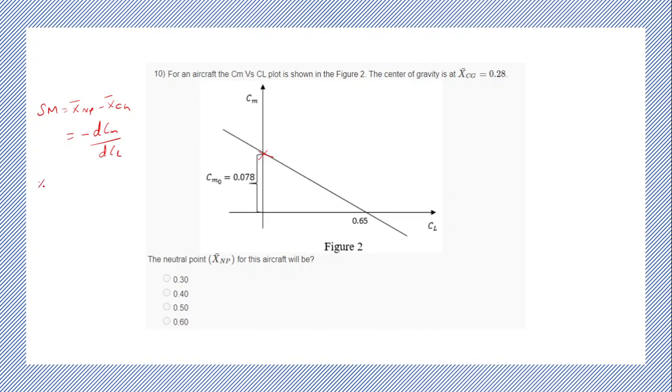So you can find out the neutral point from here, which is x bar cg minus the slope. What was the slope? 0.078. It will be minus, correct? The slope is negative, right? Yes. Okay, so this is 0.28. Okay, 0.12. So it's coming to 0.4, right?